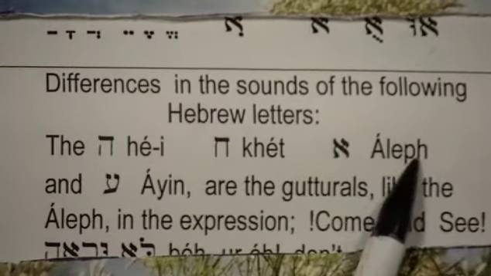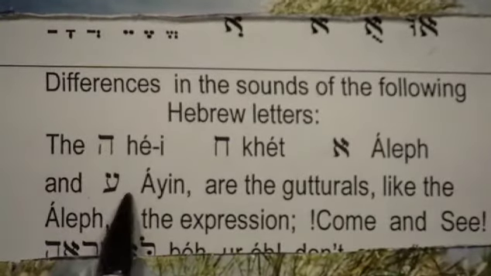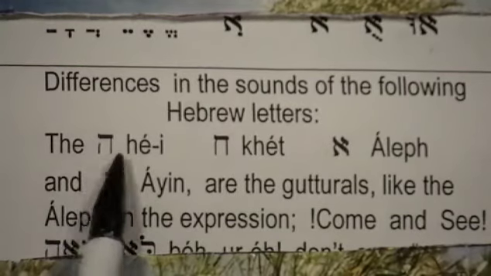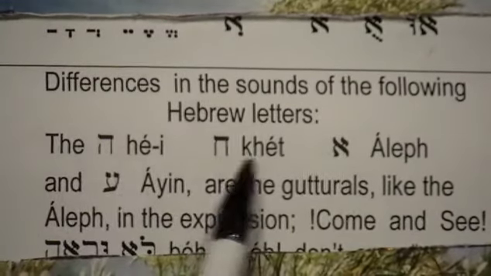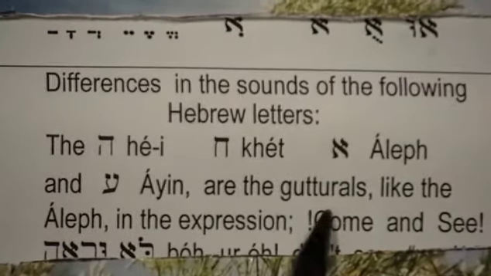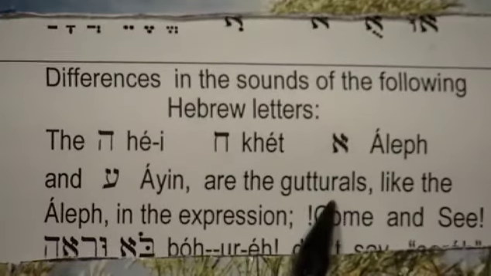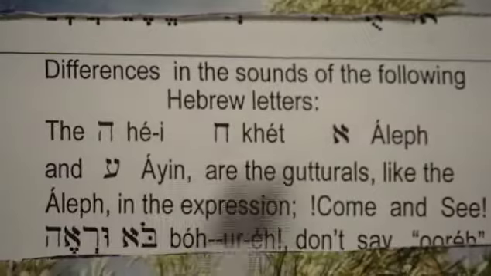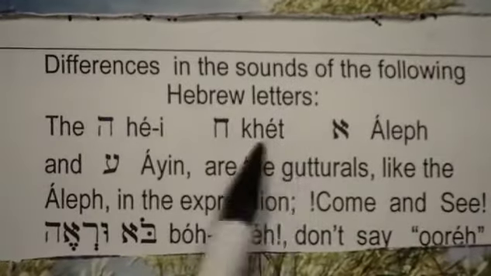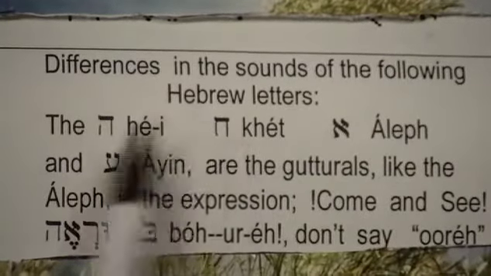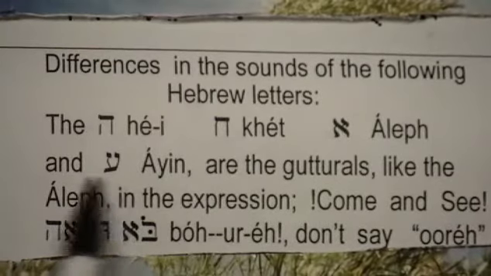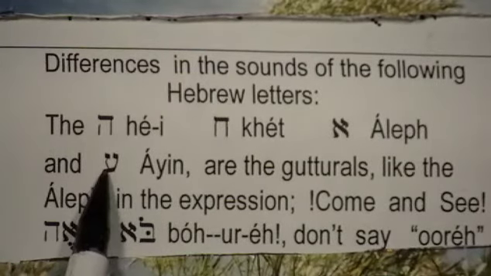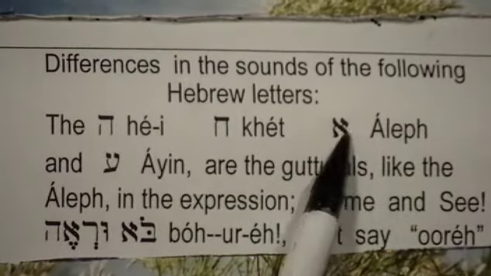The letter aleph and ayin, together with the hey and the het, are the guttural letters. That means you have to do some forcing in the throat to say hey, het, ayin, and the aleph.